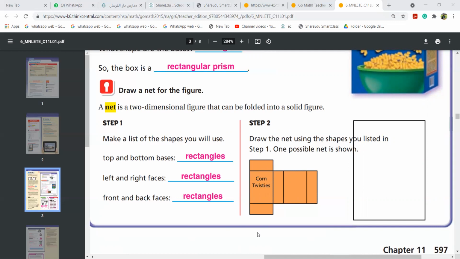You have how many rectangles? Top and bottom bases are rectangles. Left and right faces are rectangles. Front and back faces are rectangles. All rectangles in this picture. I will show you one by one. This is front and this is back. This is left and right. This is up and down.